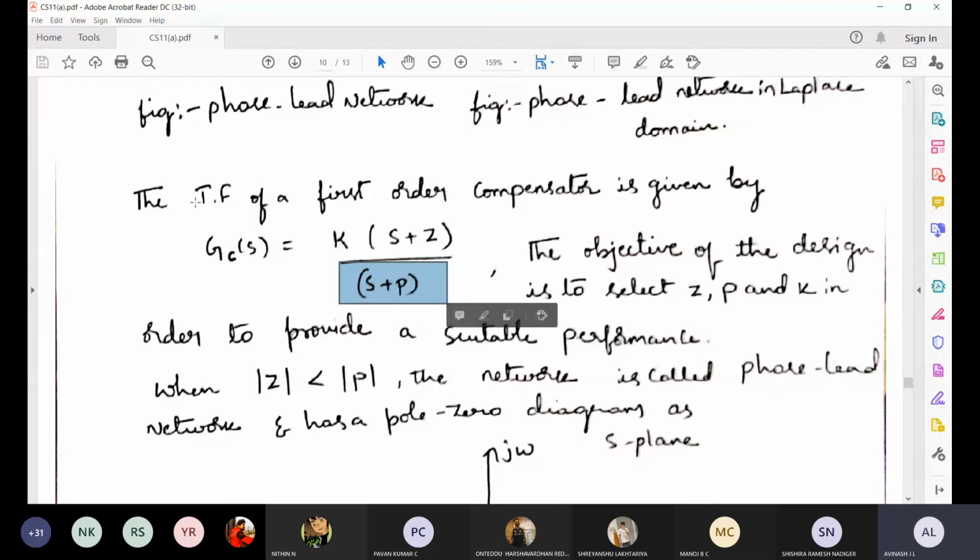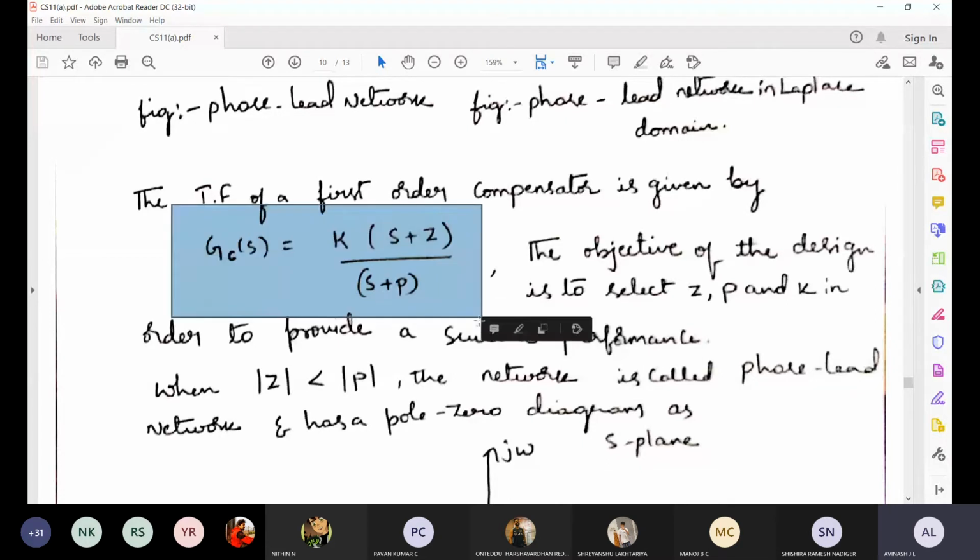Now take this particular equation. The objective of the design is to select Z, P, and K. Why?